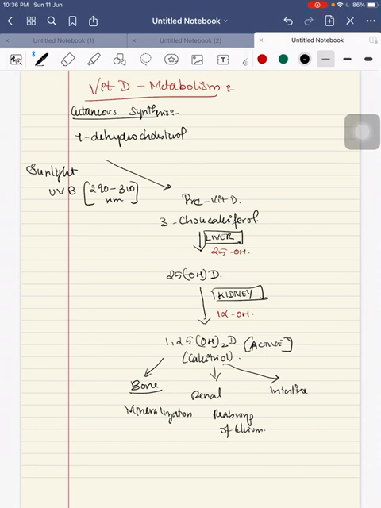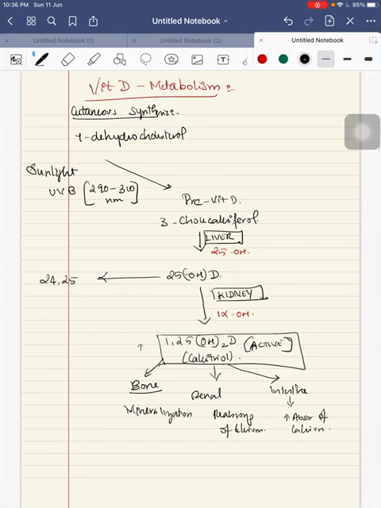In intestine, it causes increased absorption of calcium. Okay.